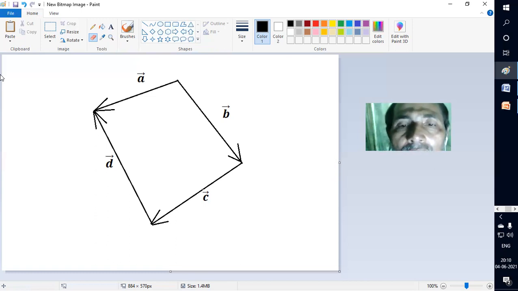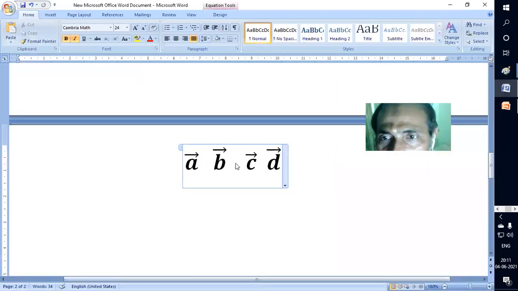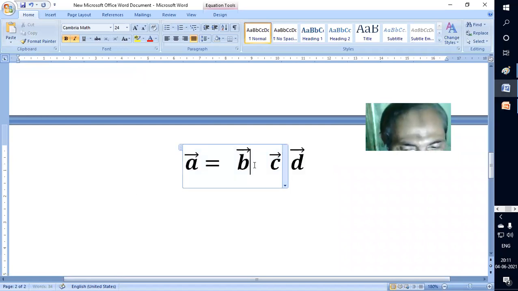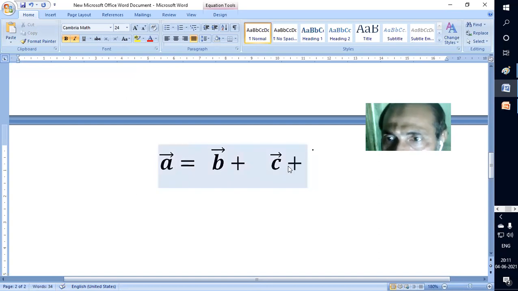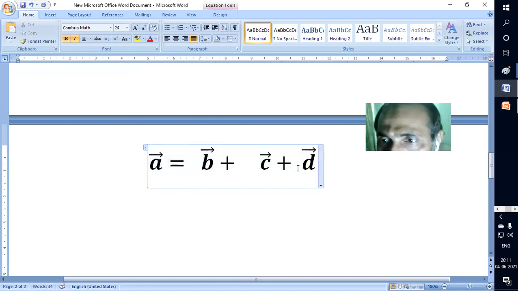Only vector A alone is moving in opposite direction, that is anti-clockwise direction. That means you have to write the equation where A is kept at one side, B, C, D are kept at the other side. Let me write the equation like this. A is kept at one side and B, C, D are taken at the other side.